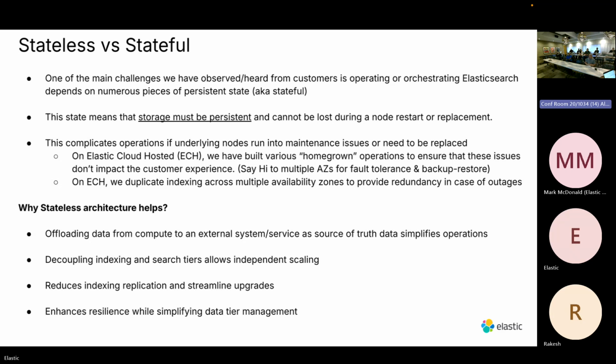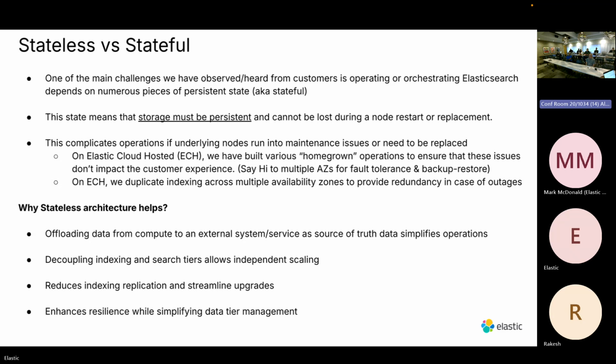And we realized that customers were always really challenged by this: hey, Elastic, you are storing the state, which means that if something goes down, we have to manage the state, right? And this has been a constant challenge for Elastic in general because it complicates our operations, because we don't want customers to lose their data, right?